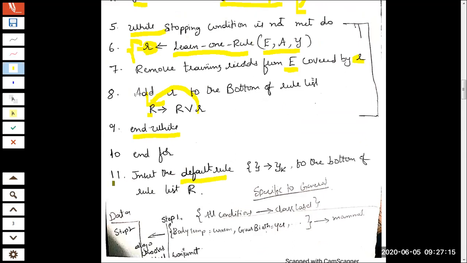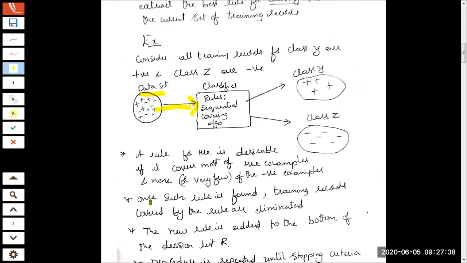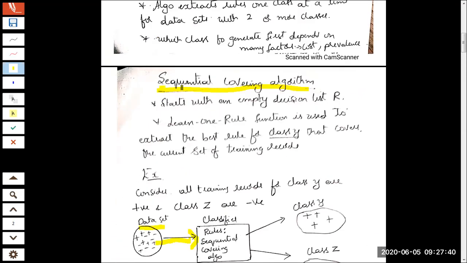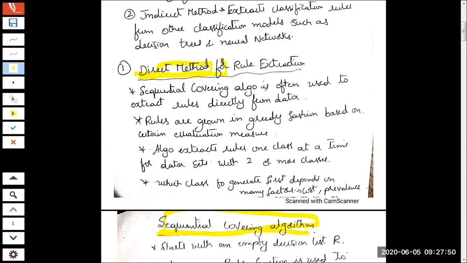The default rule is a class to which a record will be pushed if it does not match any of the rules, or if you cannot put it into any of the classes. It's a default, similar to the switch case statement that I gave as an example. So this was the sequential covering algorithm. This algorithm constructs classification rules, and we understood it's a direct method of doing things.